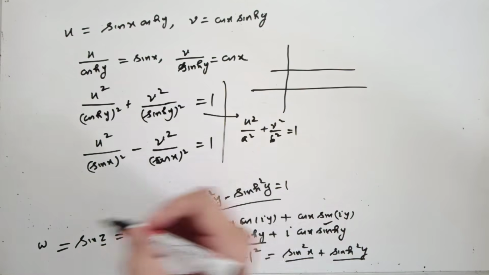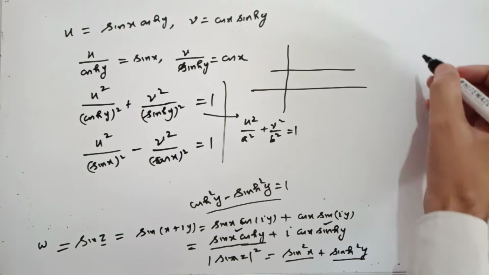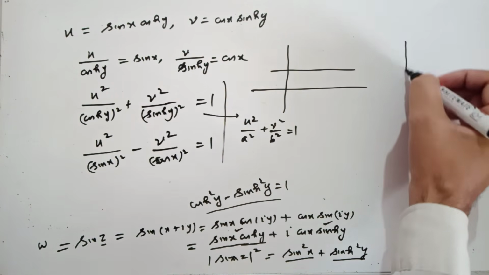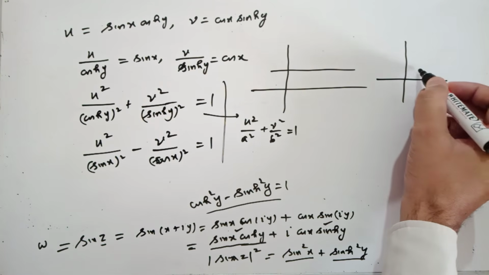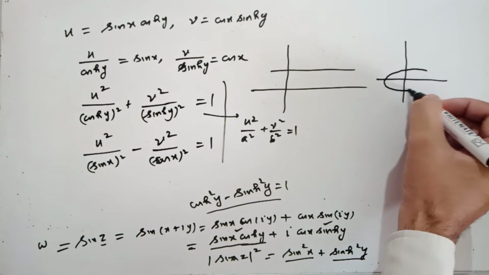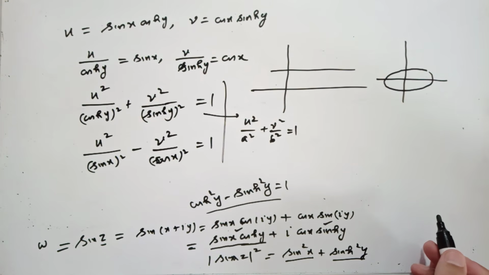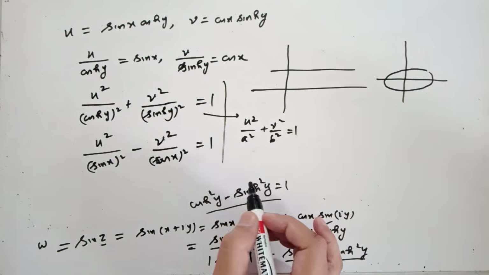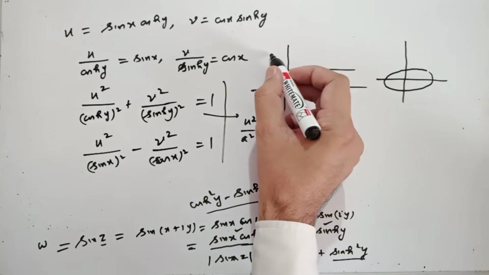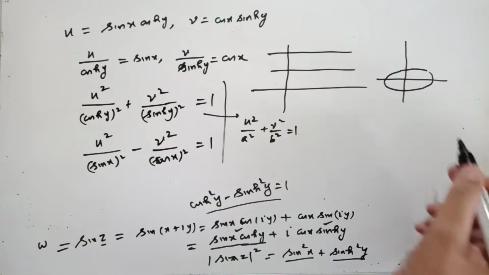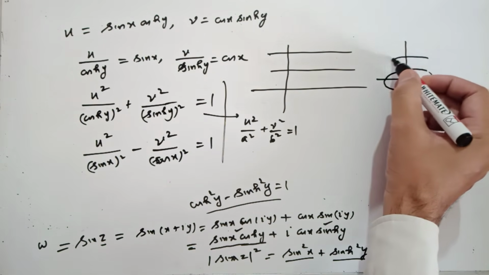What is it? It's an ellipse in the uv plane. So if I choose another parallel line, it's another ellipse.